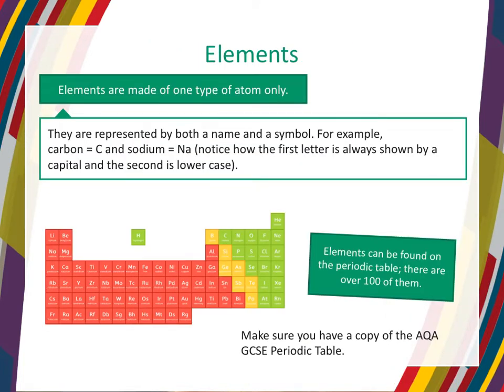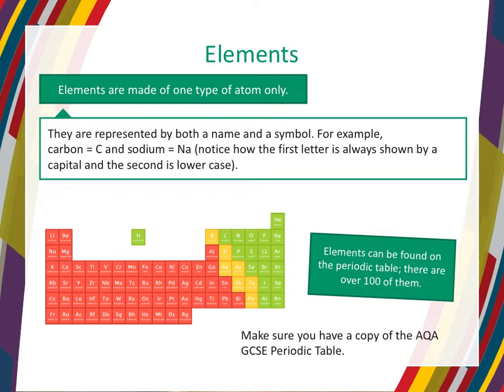So we've talked about the atom and the structure of an atom, but we also have this word called elements. So elements are made of only one type of atom. On the periodic table, which we call the periodic table of the elements, we have 118 different elements.